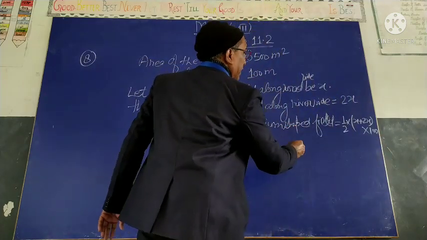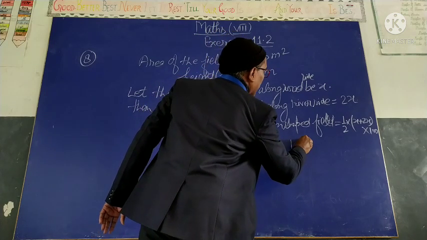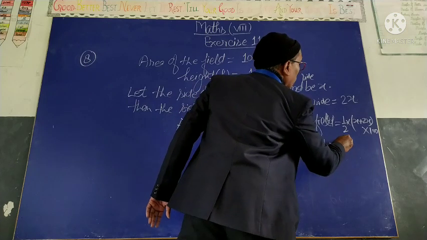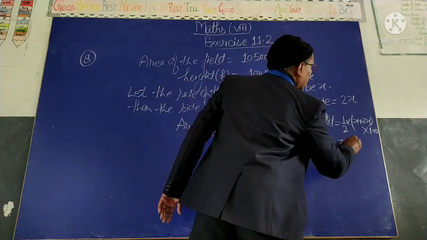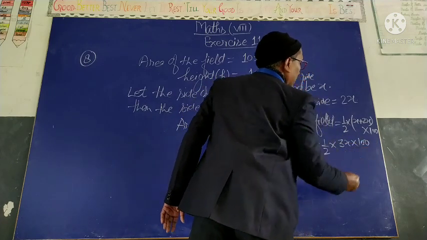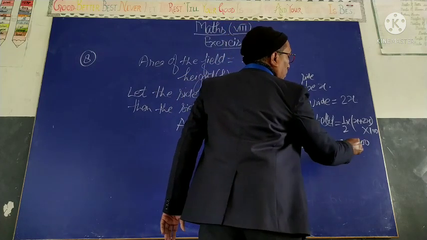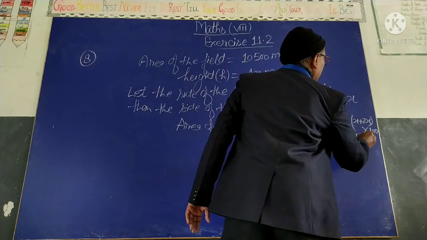Here is given area is 10,500, that is 1/2 into 3x into 100. And when 100 is divided by 2, you get 50.